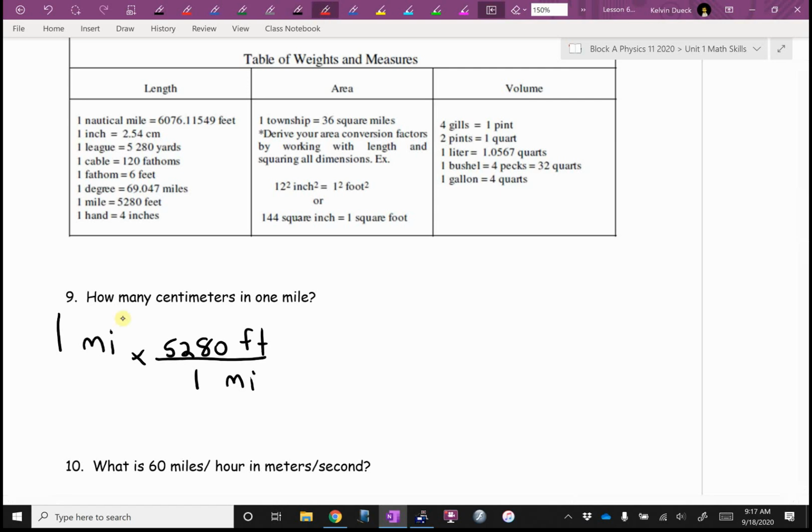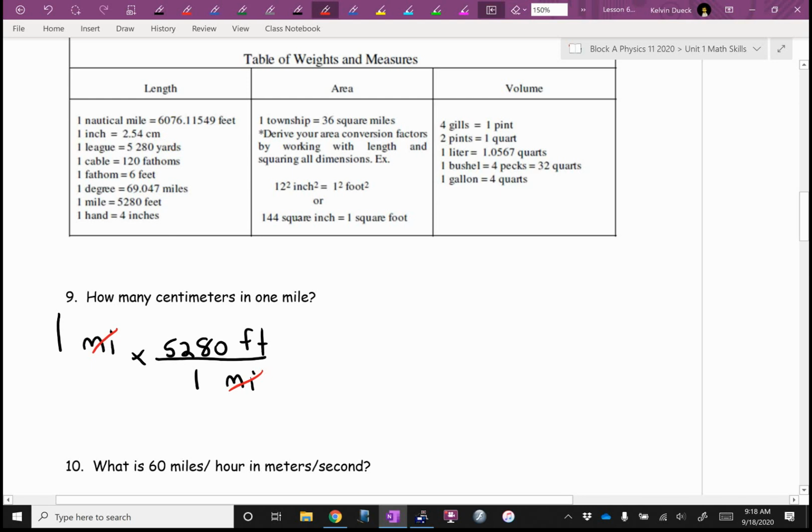So if I stop there, I'd be feet. I want to get to centimeters. Is there anything here that helps me? Sadly, not really. By the way, what's the only centimeters here?